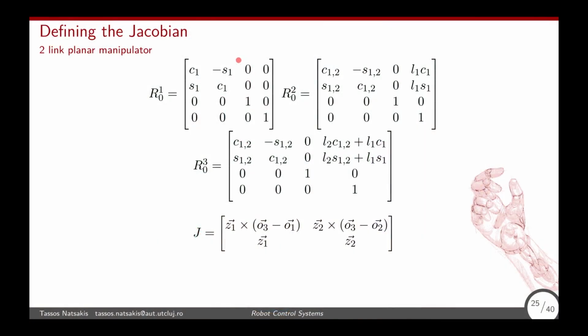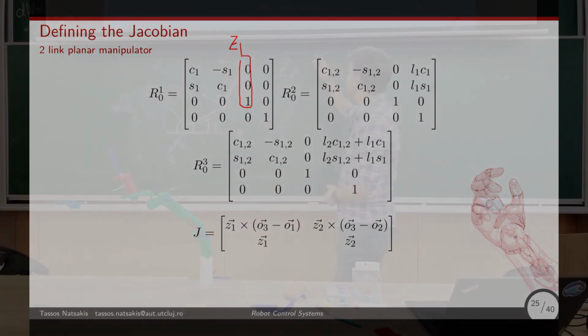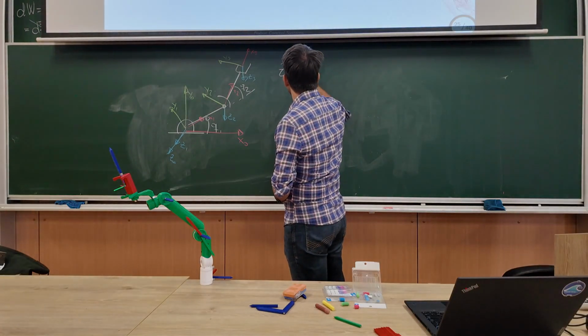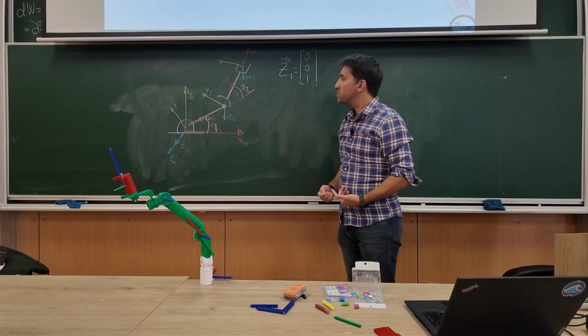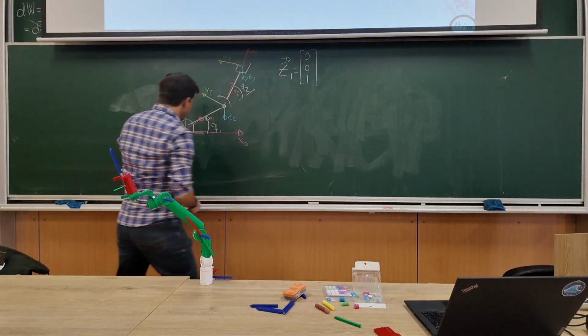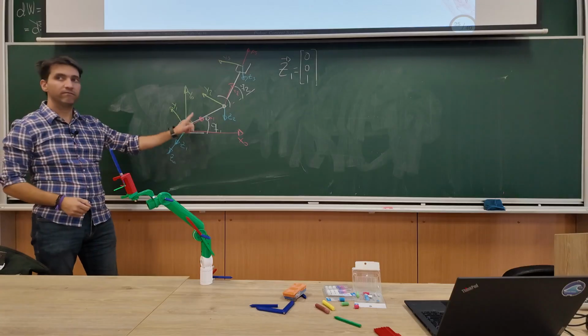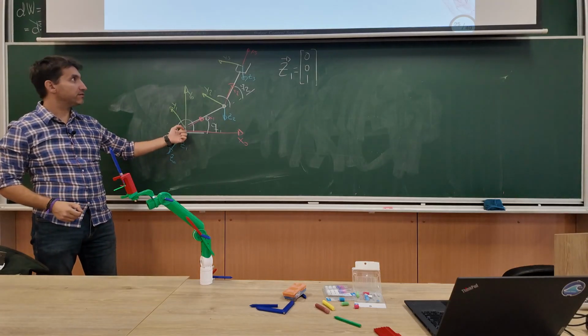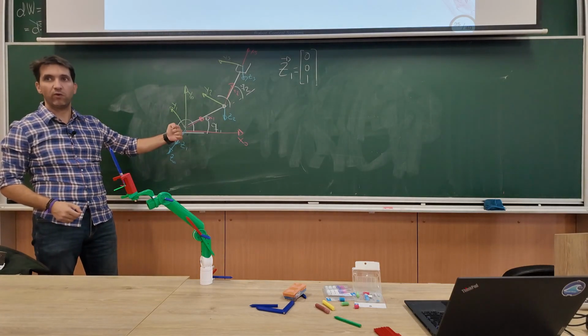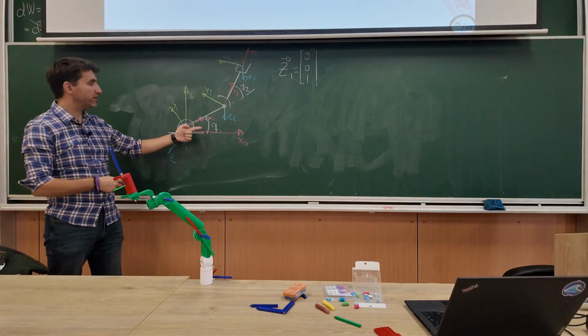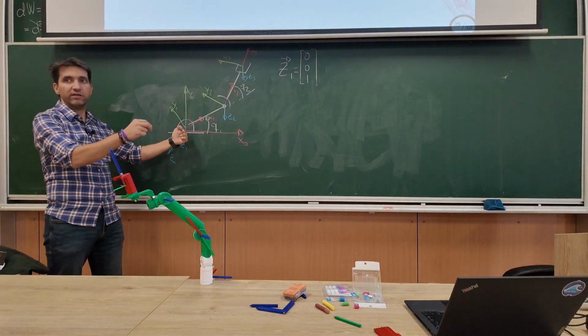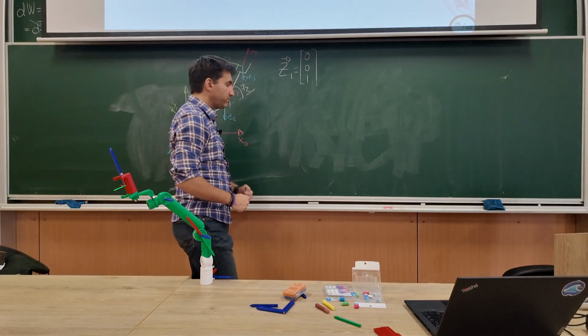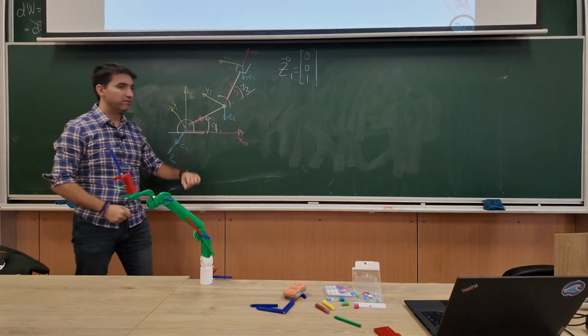R01, so this would be Z1, 0, 0, 1, which shows me the orientation of Z1 with respect to the reference frame. And it tells me that Z1 is basically aligned with 0, 0, 1. Like it has 0 on X, 0 on Y, and 1 on Z, right? And it makes sense, right? Because it goes like this.